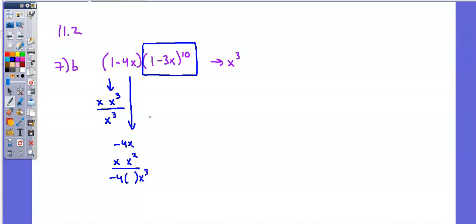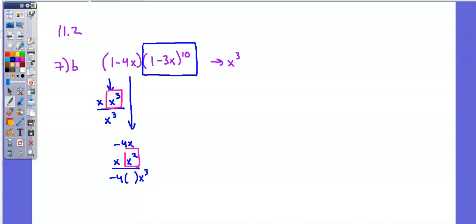So when I expand the (1 - 3x)^10, I need to pay attention to two terms. I need to find the one that has an x^3, and I need to find the one that has an x^2. And then we will come back to the left side and use those results to do the multiplications that I'm drafting on the left with precise values.